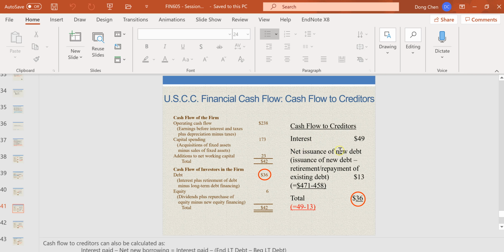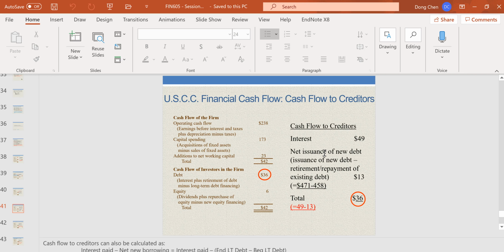So the net issuance of new debt here comes as a positive sign to the firm, but it's a negative sign to the creditors, because if on net the firm issues more debt, more long-term debt, that means the creditors have to pay the firm.